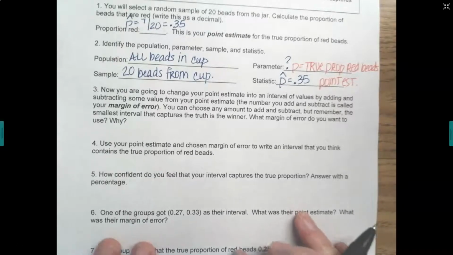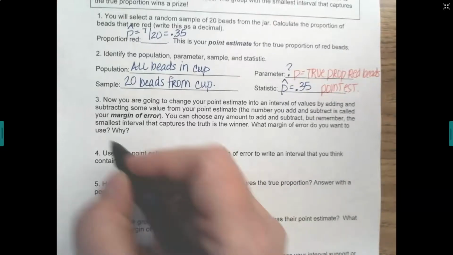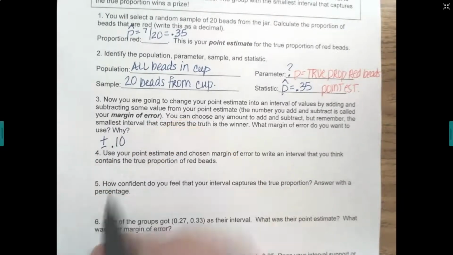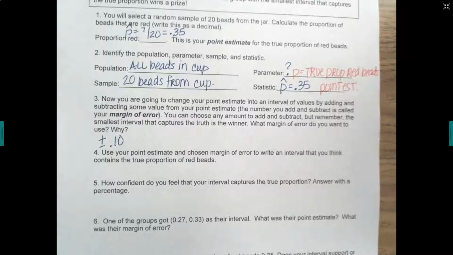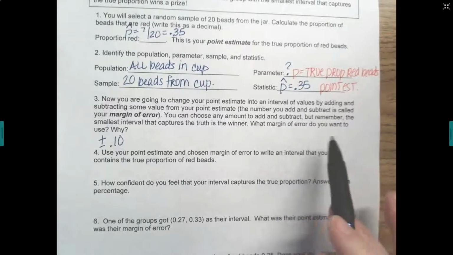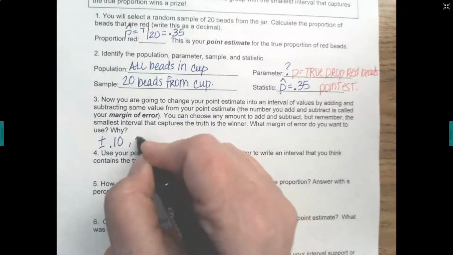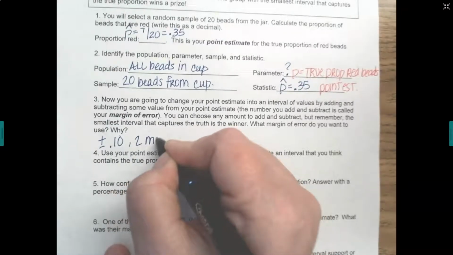Write down what you think. All right, so for the point estimate, I'm going to show you what I did. I said I'm going to add or subtract 0.10. And the reason I chose that, because it says you want to explain why, is that it is just 2 more red beads each way.